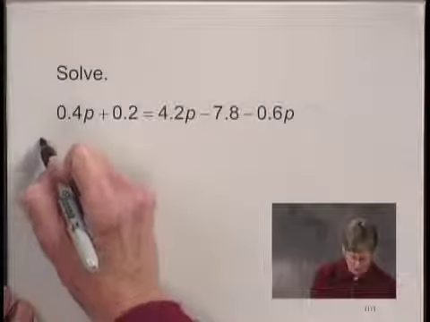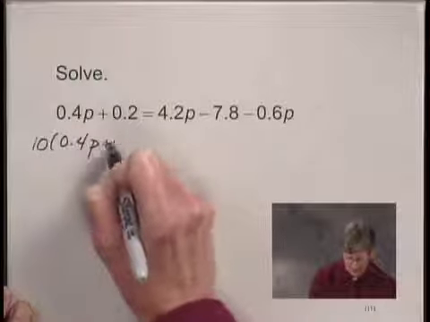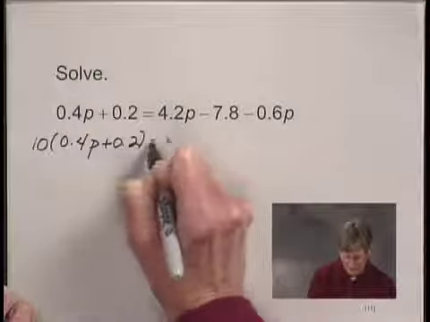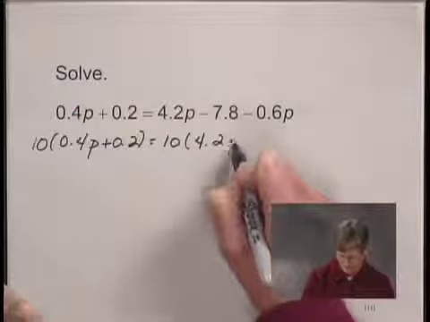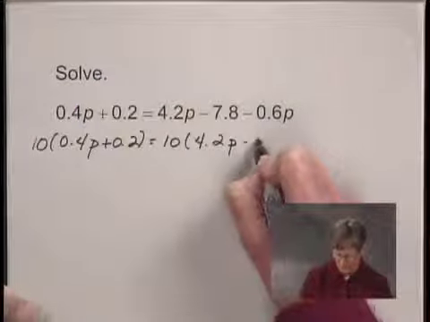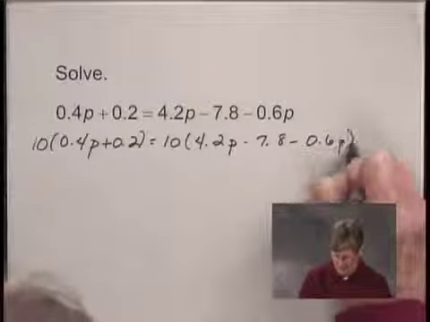And let's do that. We have 10 times 0.4p plus 0.2 on the left-hand side. And multiplying by 10 on the right-hand side, I have 10 times 4.2p minus 7.8 minus 0.6p.